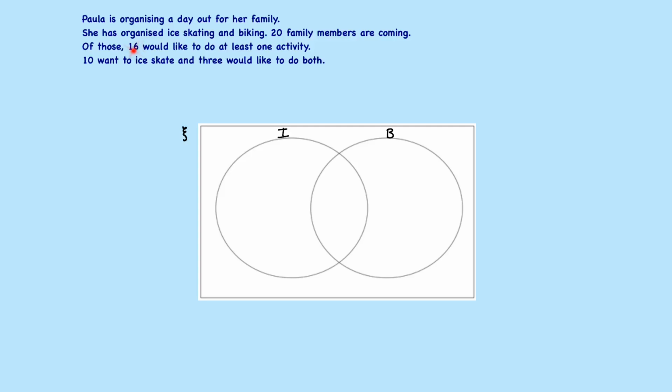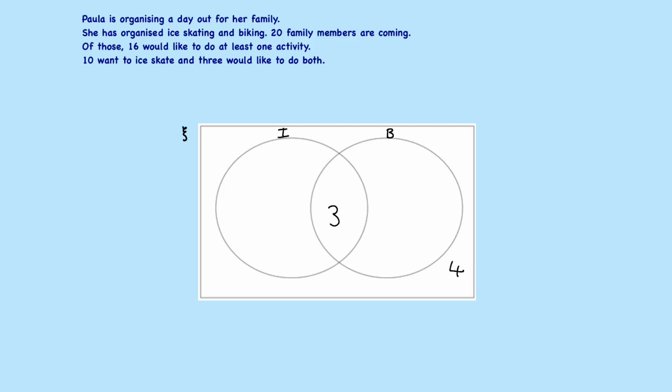So if 16 would like to do at least one activity, then there are 4 people who don't want to do anything, so those 4 will go in the outside of the circles. There are 3 people who'd like to do both, so they will go in the intersection.